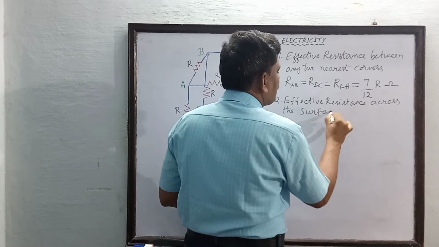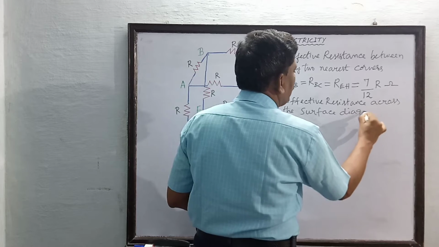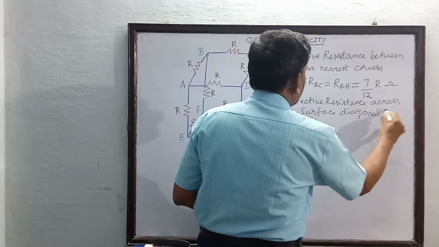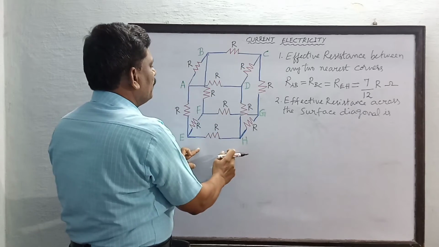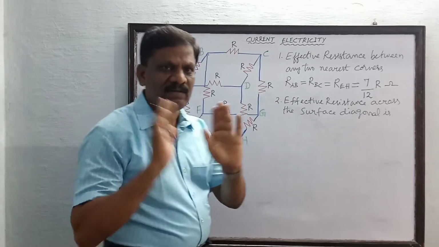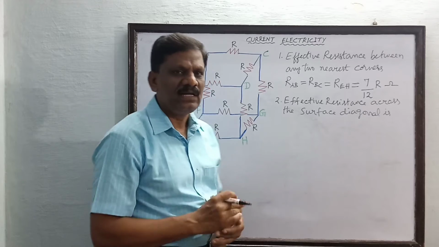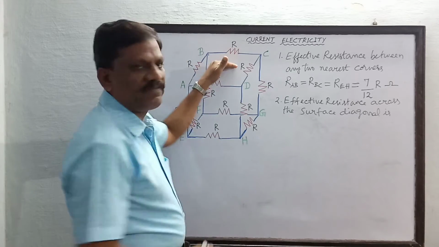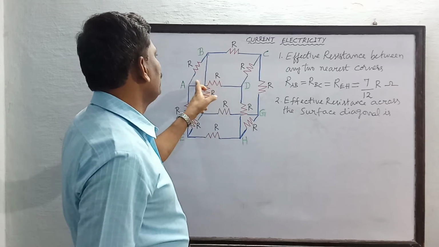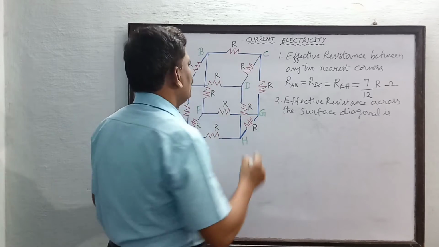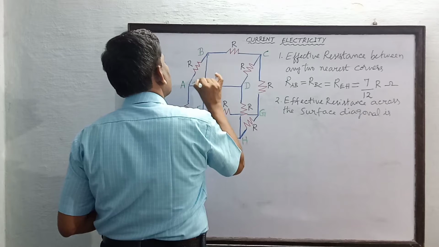So what is meant by surface diagonal? I have told you already. A surface diagonal is on any surface, top or bottom. So totally 6 faces, 6 surfaces are there. You take any one surface, the top surface preferably. You can join B and D or A and C like that. So you draw a diagonal like this, the surface diagonal.